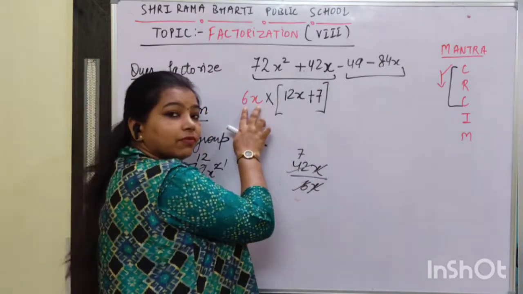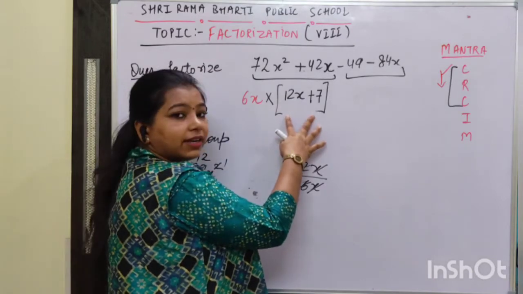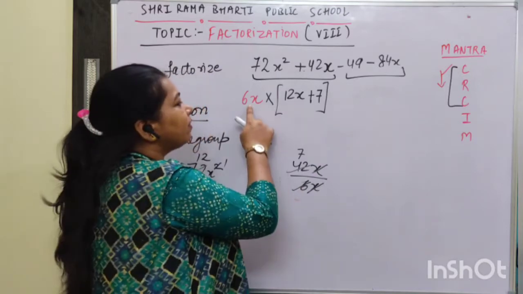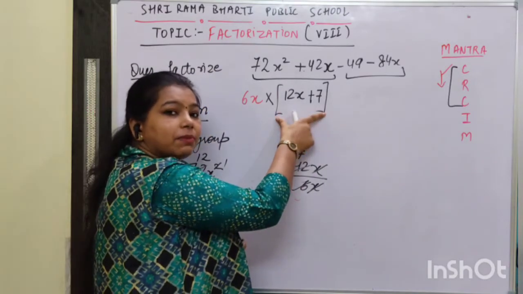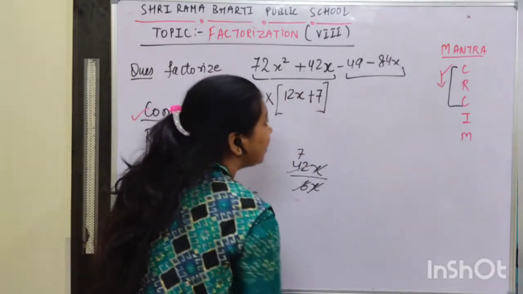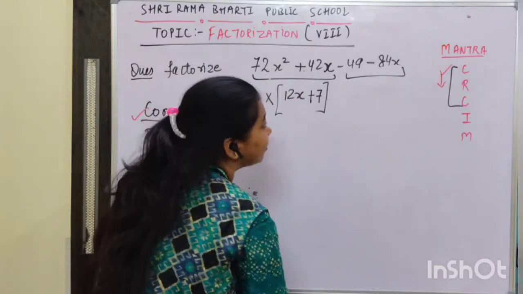This is my one factor and this is my other factor. The whole bracket will be considered as one factor, because when we multiply 6x into the bracket, we will get this first group. Now we will do the same thing with the second group.